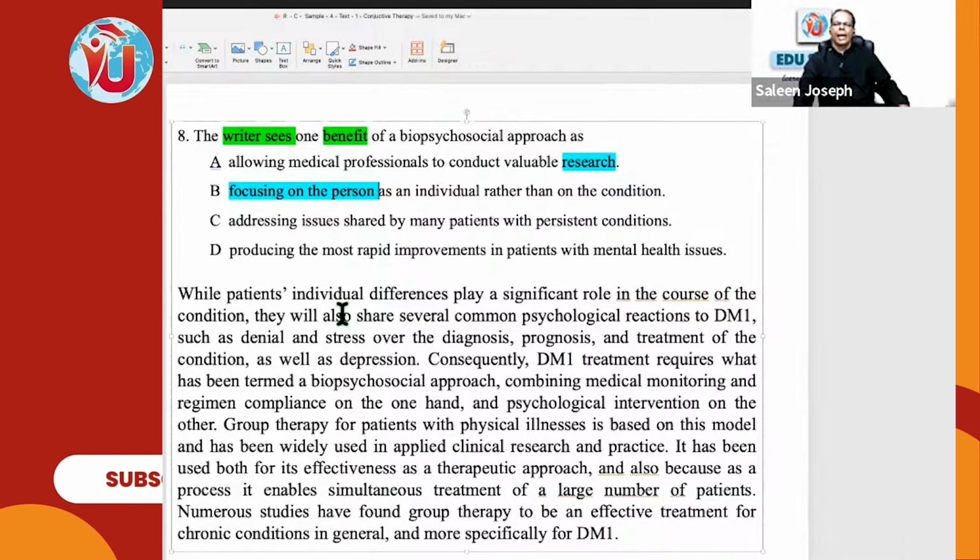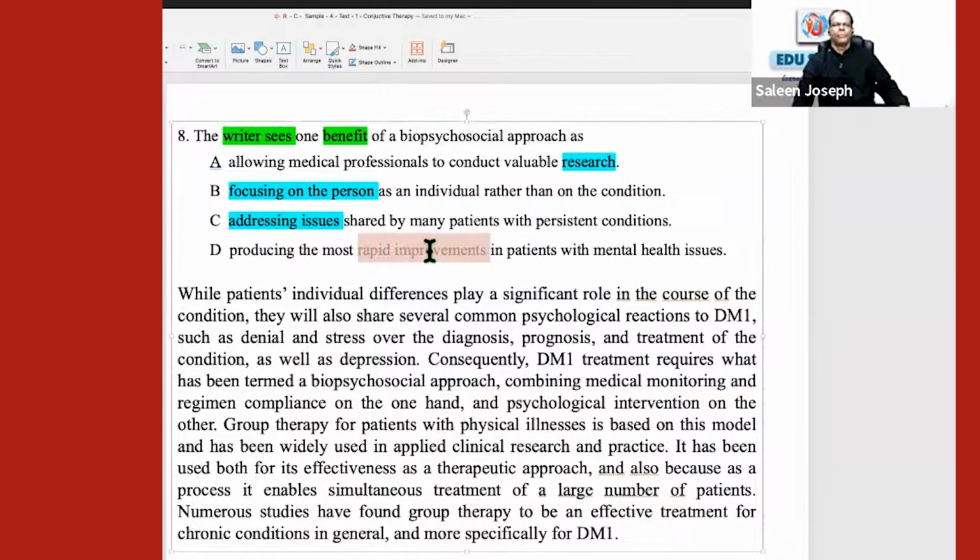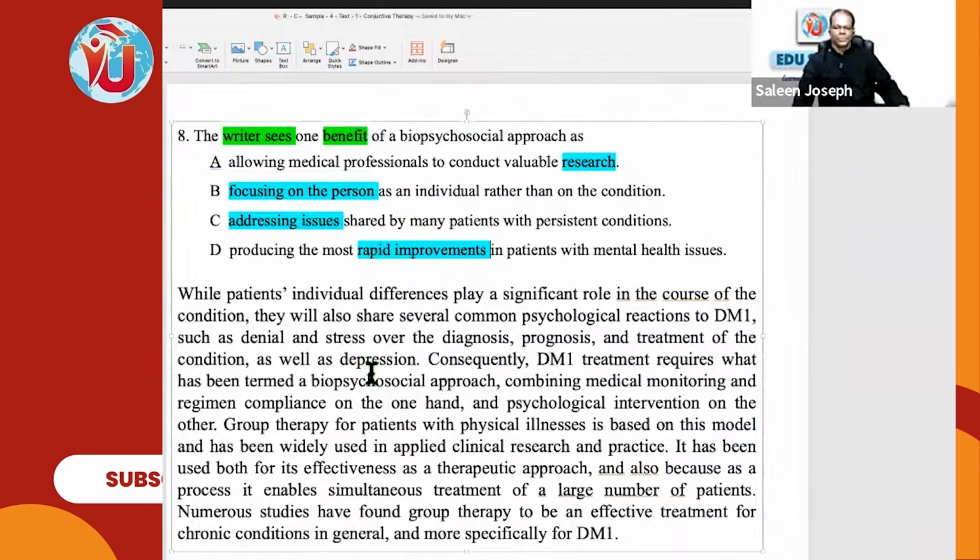C, addressing issues shared by many patients with persistent conditions. Addressing issues means what are the issues? We'll have to search for issues or research or the person focused on in this paragraph. Fourth one, producing the most rapid improvements in patients with mental health issues. Rapid improvements, exactly. You are all experts now.